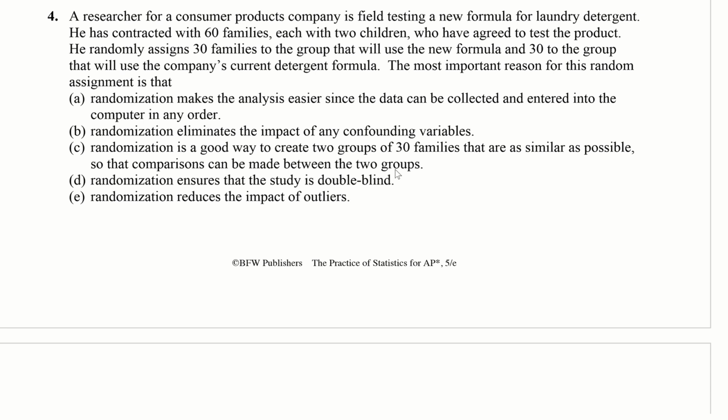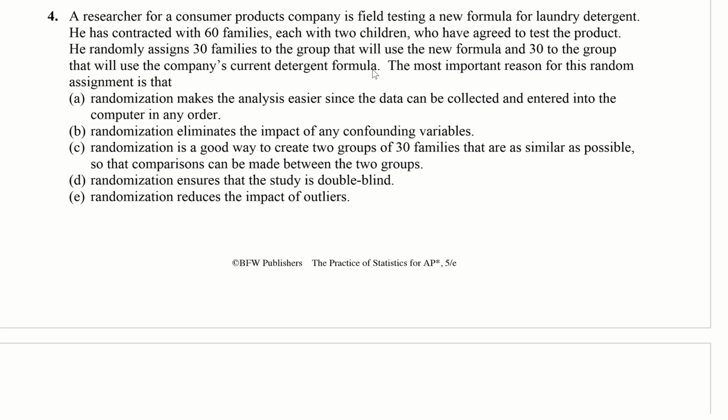Okay, so the most important reason for this random assignment is, so remember, why do we do random assignment, right? The reason why we do random assignment is because by randomizing who goes in what groups, we can eliminate bias. Essentially, we try to make the groups as similar as possible.